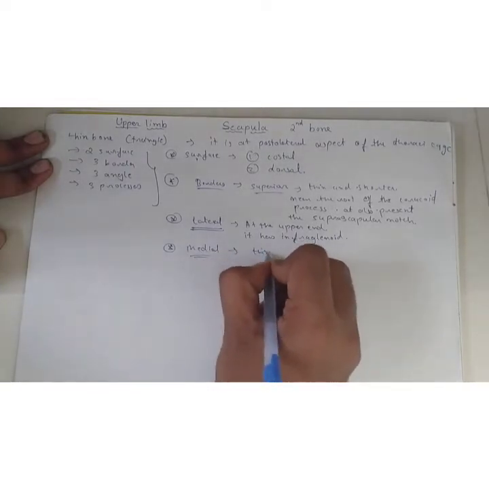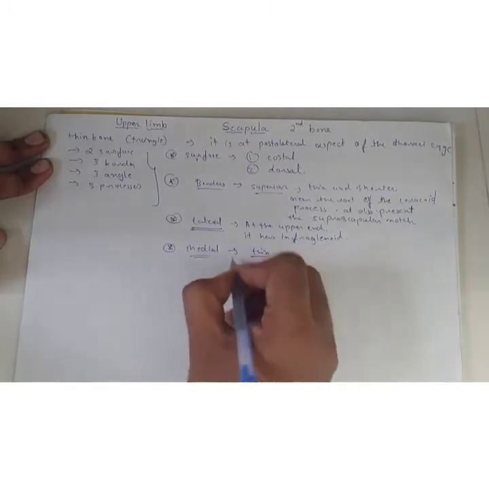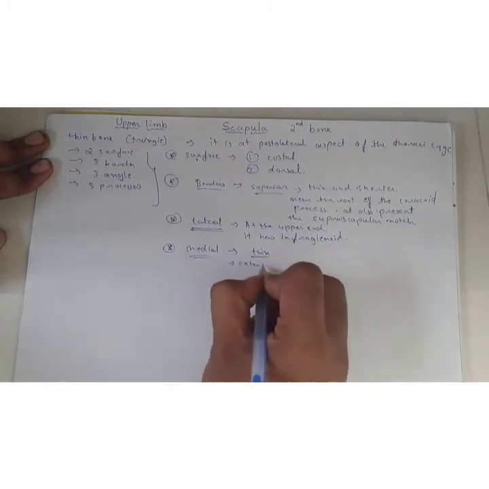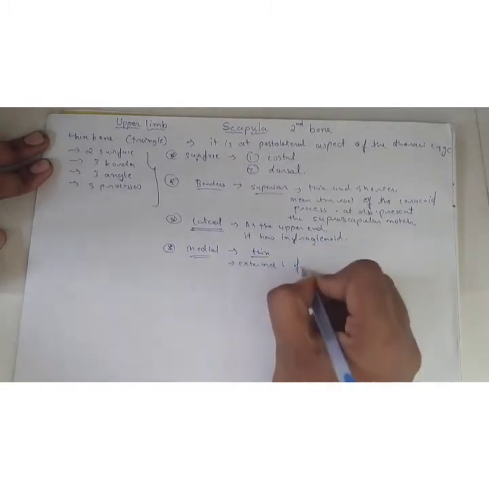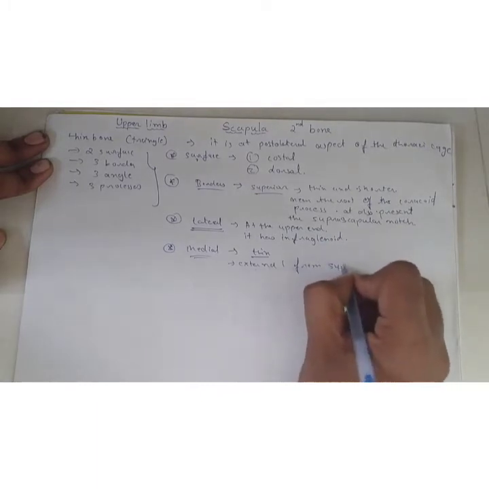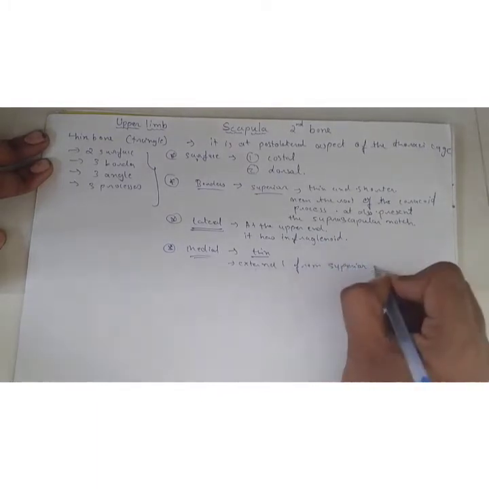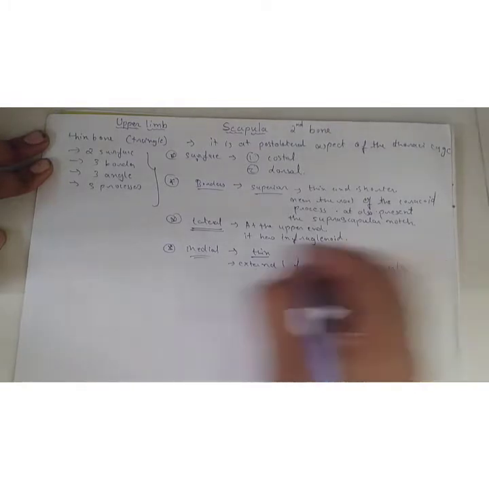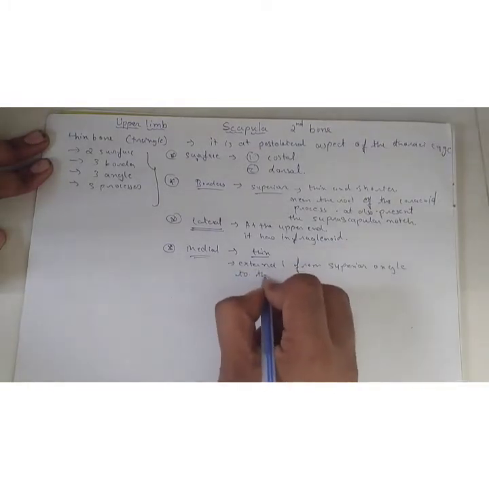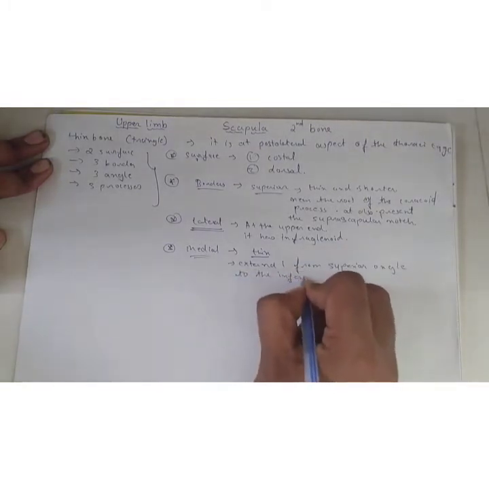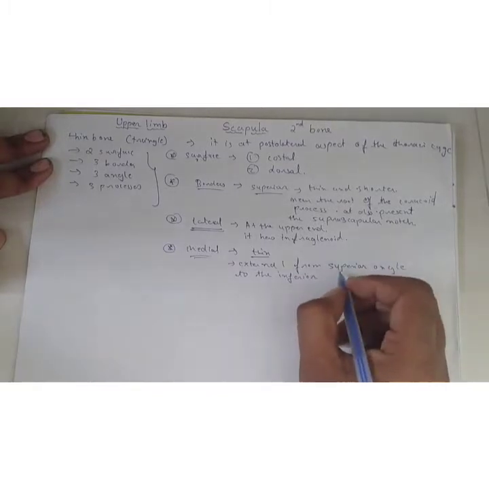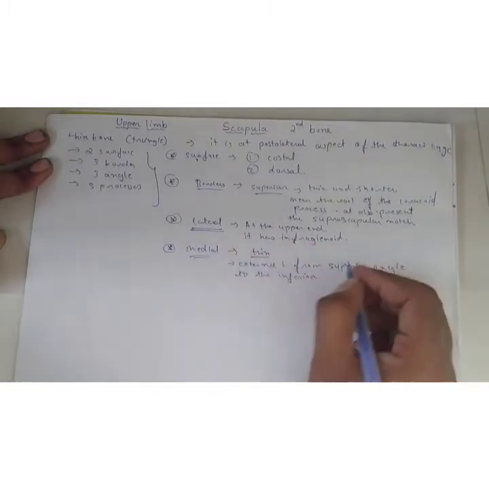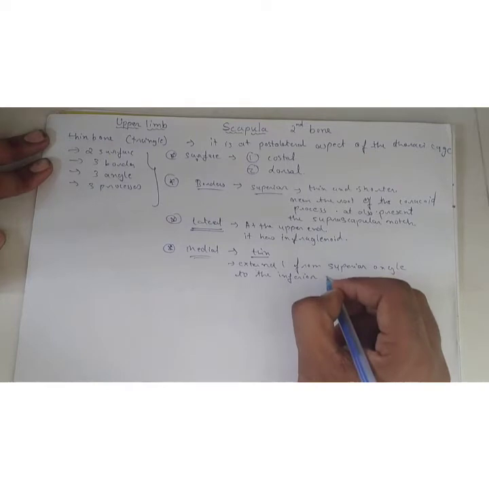It is also thin and extends from the superior angle to the inferior angle. This medial border is found where it extends from the superior angle to the inferior angle.